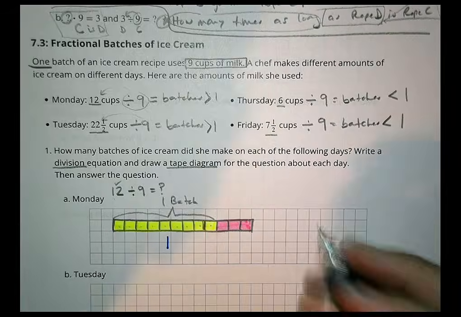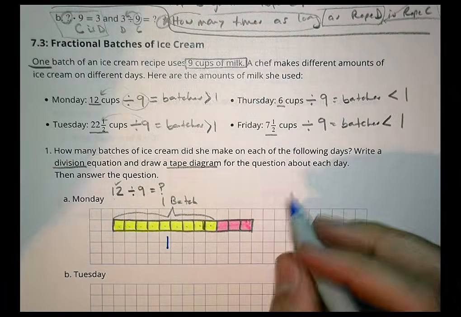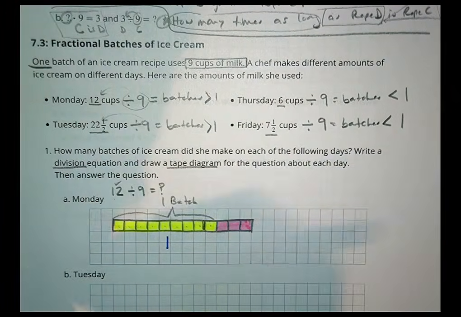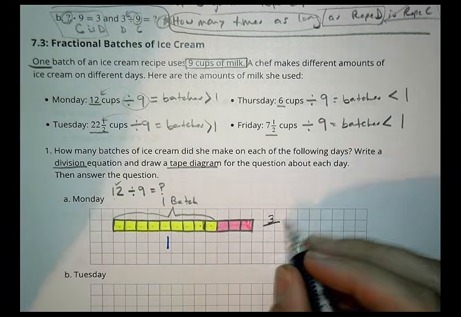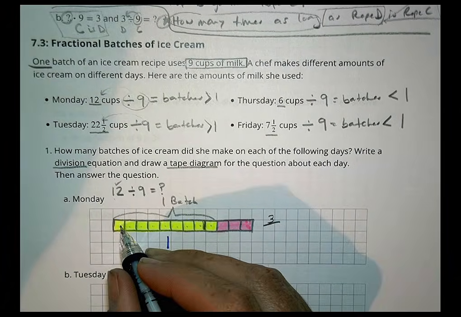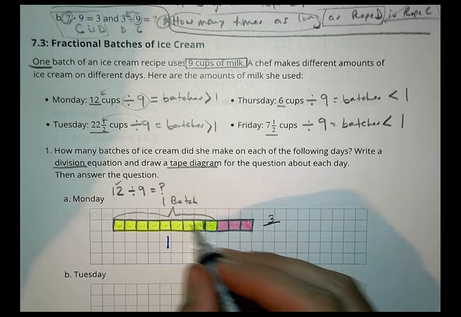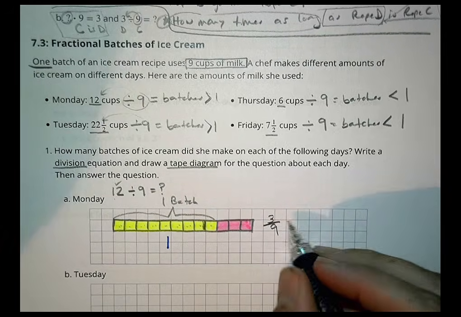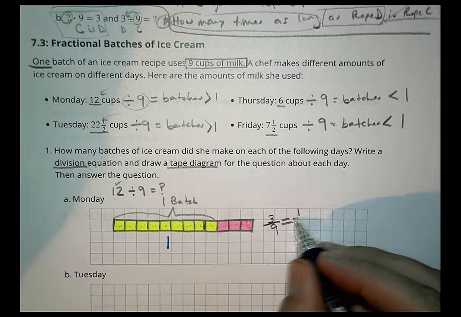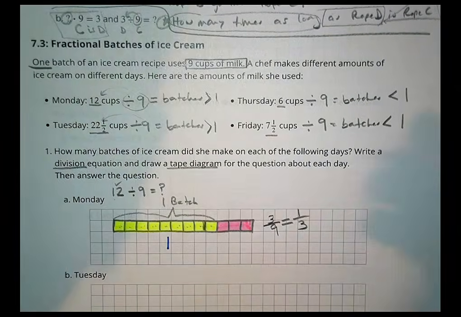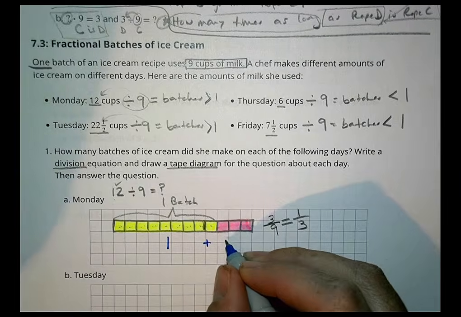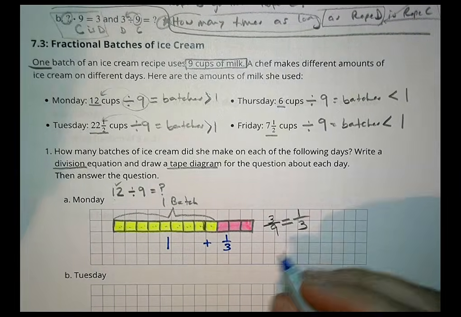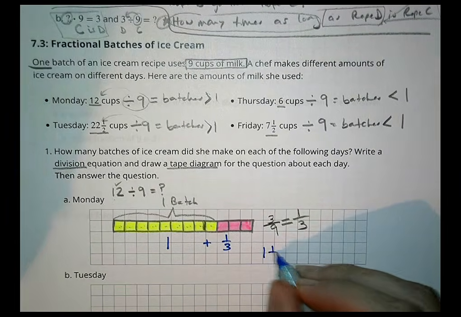And again, that 3, let's use pencil here. This is 3, and our total for a normal group is going to be 9. 1, 2, 3, 4, 5, 6, 7, 8, 9. So 3 ninths. So 3 ninths can be reduced to 1/3. So in that case, it was 1 plus an additional 1/3, for 1 1/3.